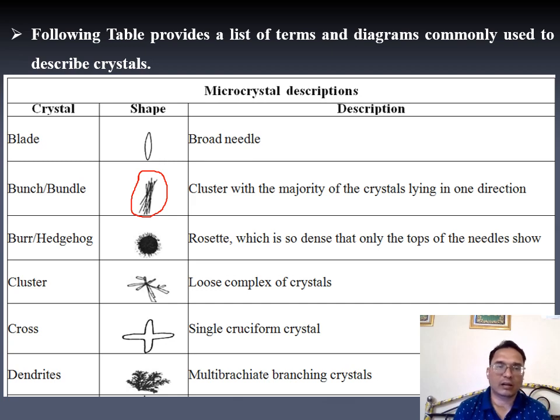We can get a hedgehog structure, which can also be called a rosette. Clusters will be obtained, which are nothing but the loose complex of the crystals. We can get crystals of the cross shape, and it will be labeled as the cross. And if the crystals are of this shape, they are called dendrites.